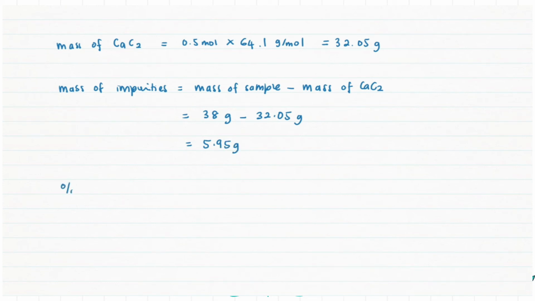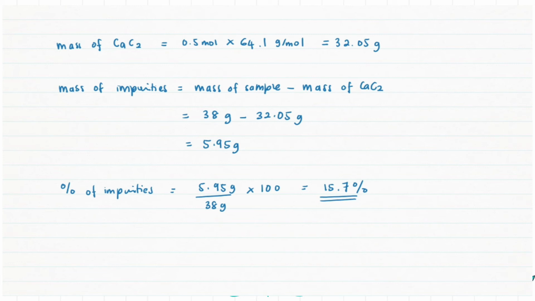Therefore, percentage of impurities is equal to mass of impurities, 5.95 gram, divided by mass of sample, 38 gram, times 100, which is 15.7%. So that is your final answer.